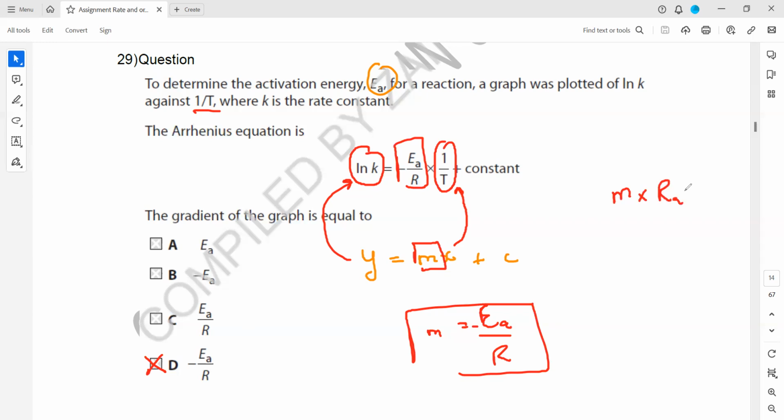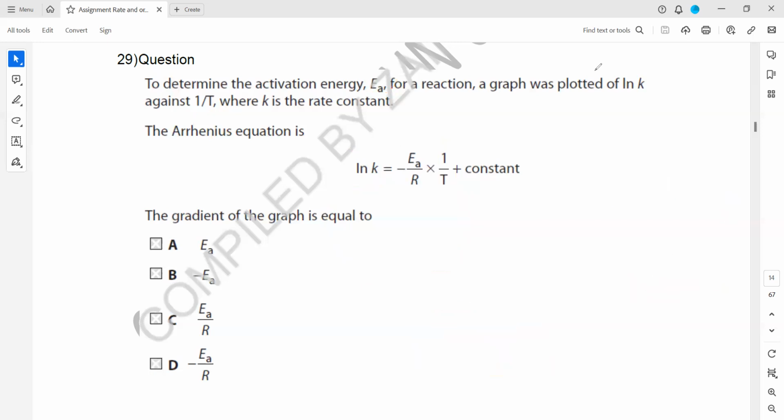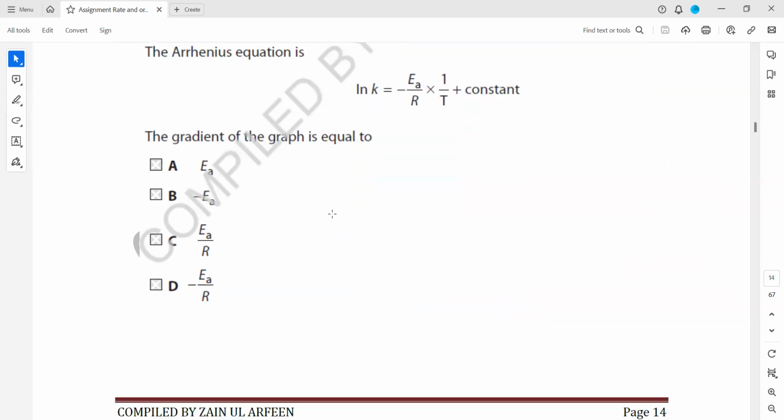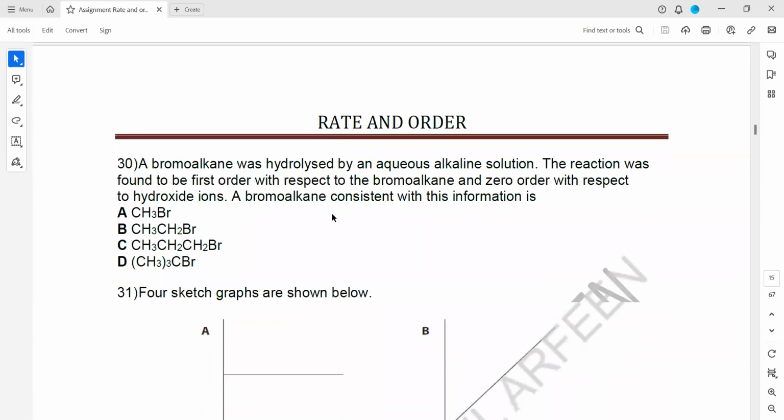The gradient times the general gas constant will give us the negative of the activation energy, or minus m times R will give us the activation energy. So this is also an important question, like finding the activation energy of the reaction by plotting a graph between ln k and 1 over T.